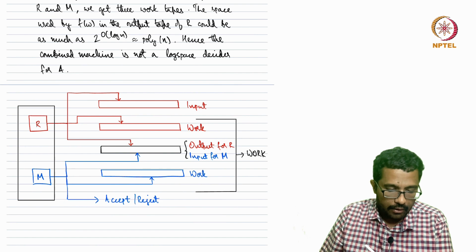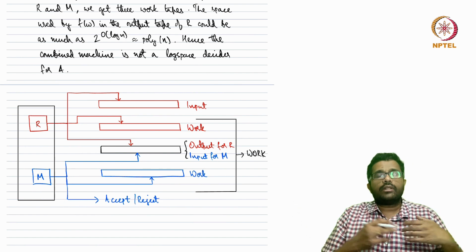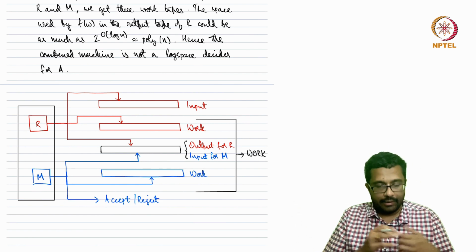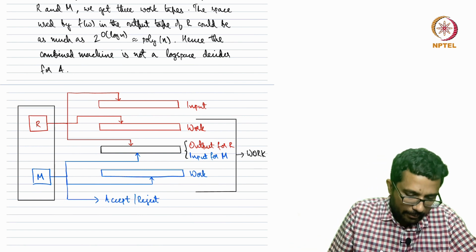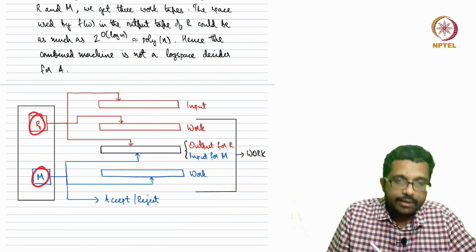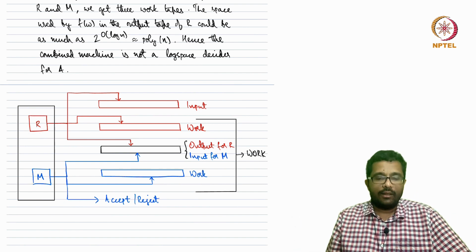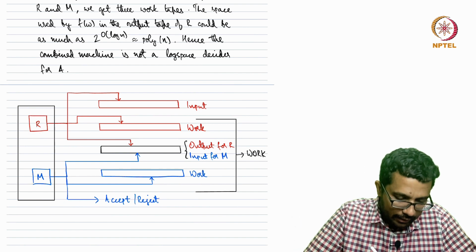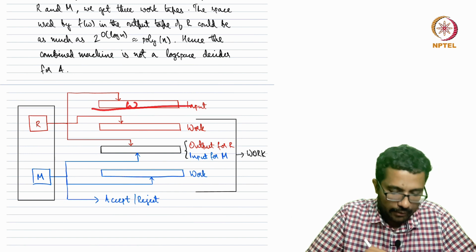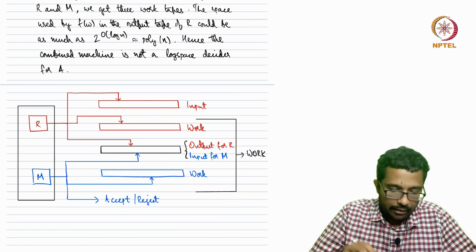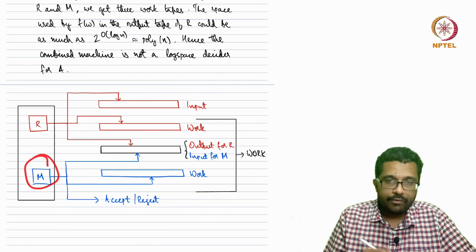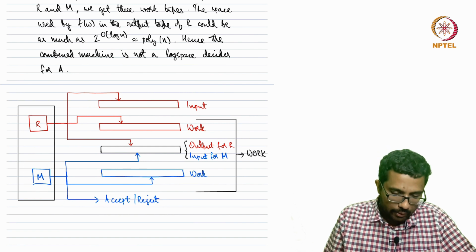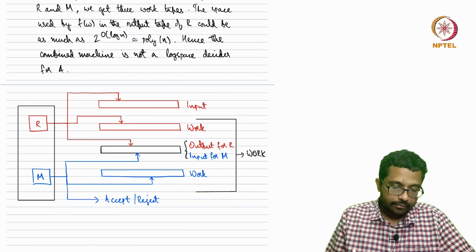Now when we are combining these two, R is the reduction from A to B, and M is the decider for B. We have an input w in the input tape of A, and we have a decision coming out of M, the B decider, which is the accept or reject.